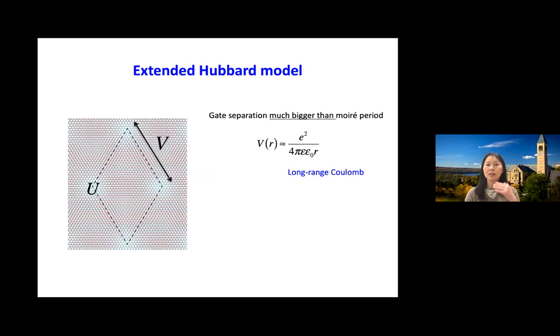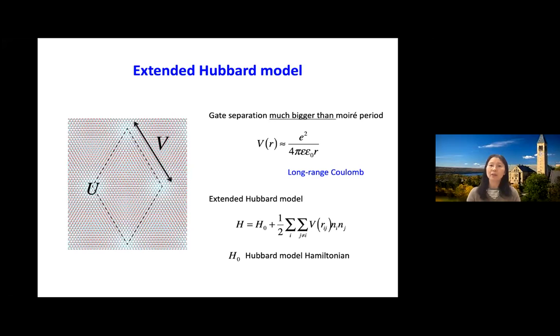But if your gates are further away from your sample, for example, 20, 30 nanometers away from the Moire with a period of about 10 nanometers, long-range Coulomb interaction actually becomes not negligible. They can be bigger than the hopping parameter t. So that needs to be taken into account, and it also makes the problem richer.